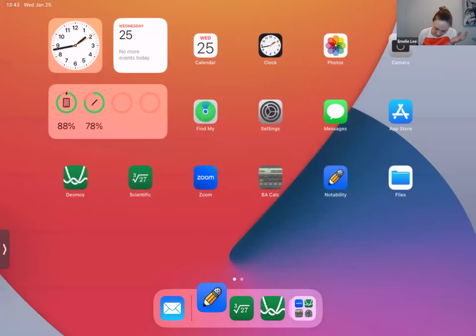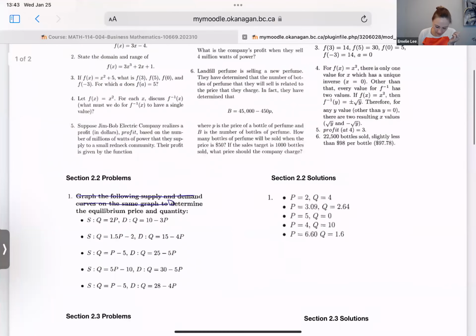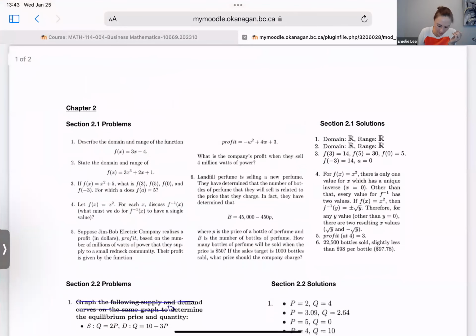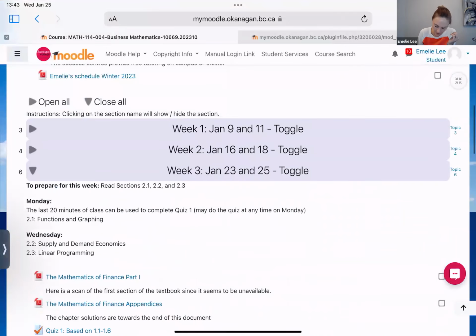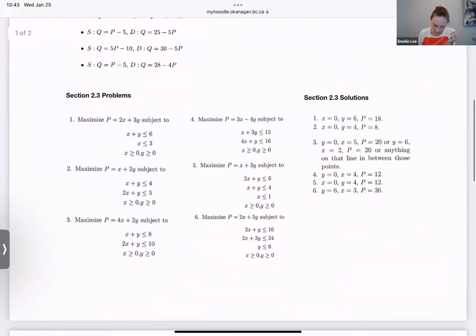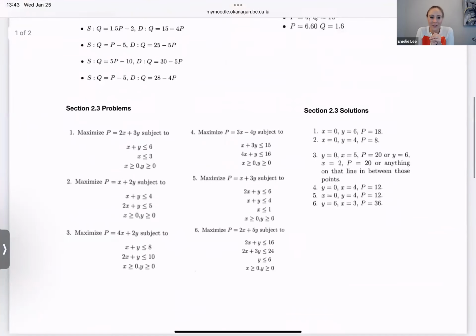But like I said, I posted these chapter 2 problems and solutions on Moodle. So you can work through those, right? And go through 2.3 and just make sure that that's all working out.